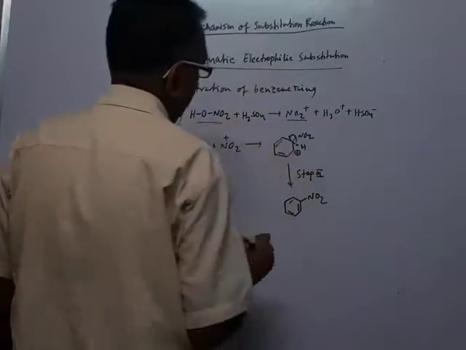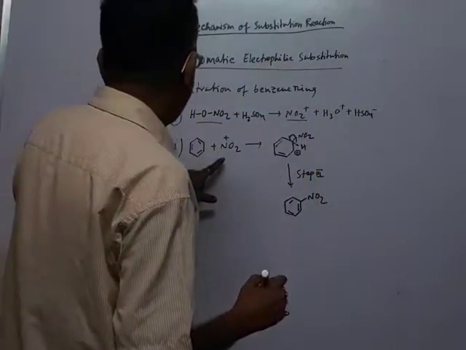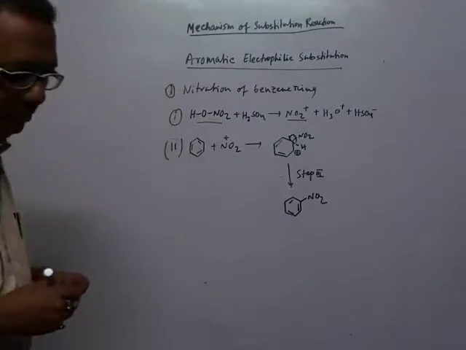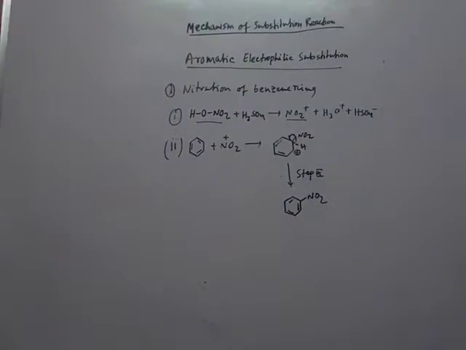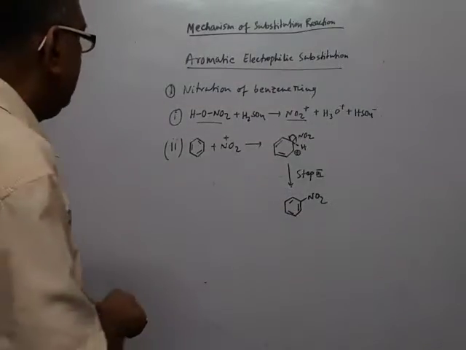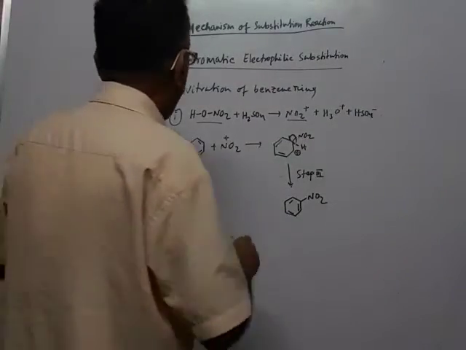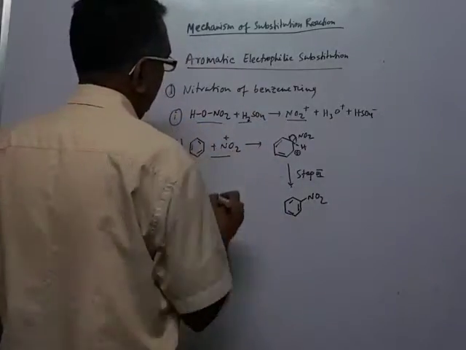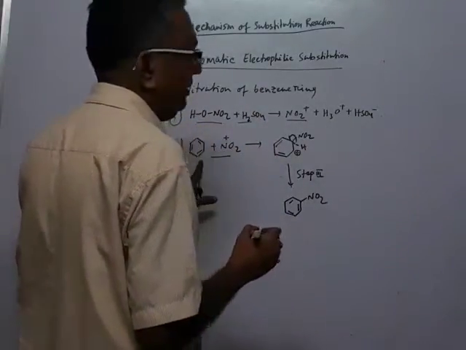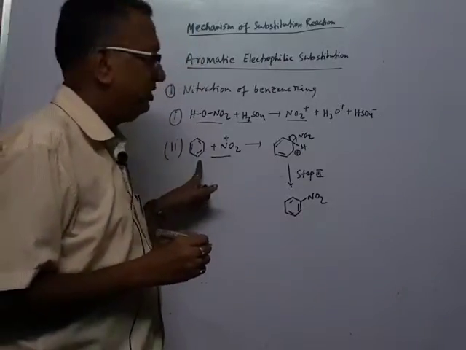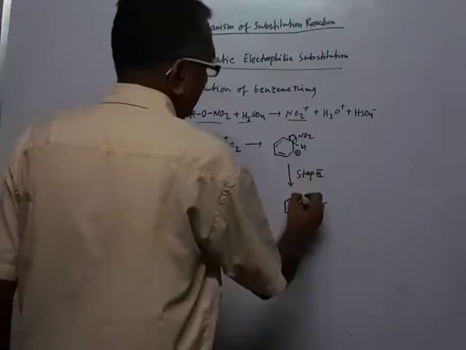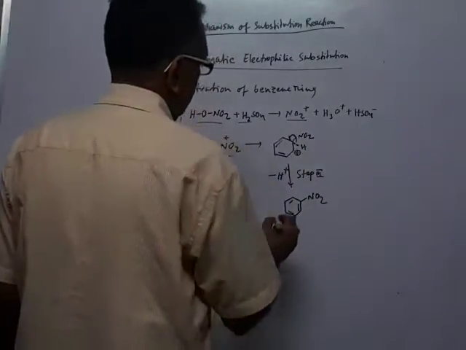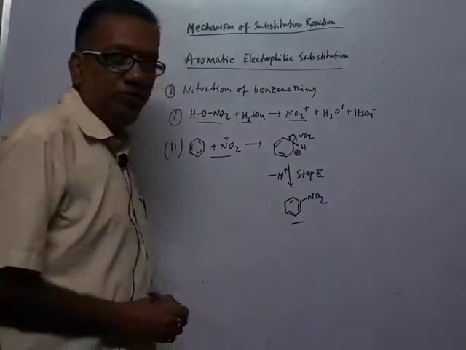So what we see is that this is the step 1 where the electrophile is generated. The step 2 is the attack of the electrophile to the pi electron system or aromatic ring, and step 3 is the removal of this H plus, and finally we are getting the product nitrobenzene.